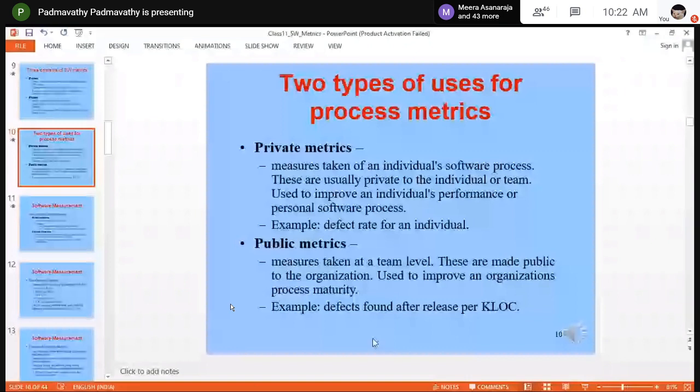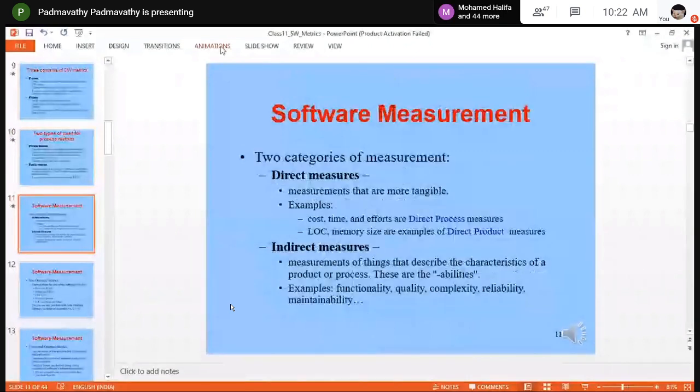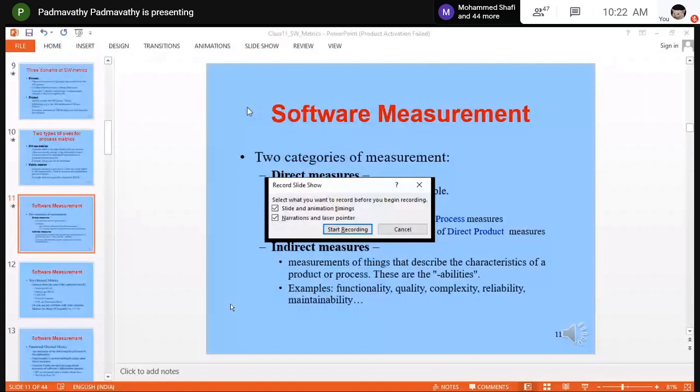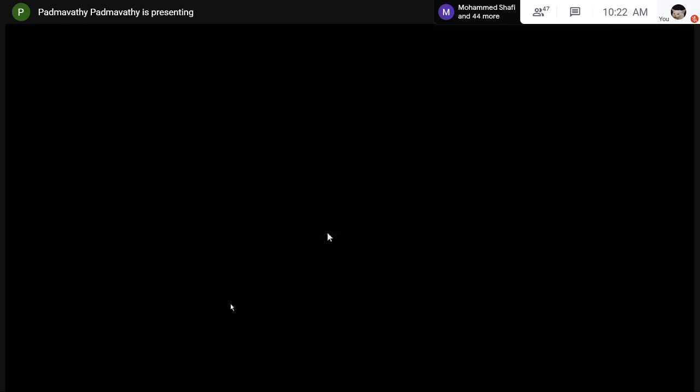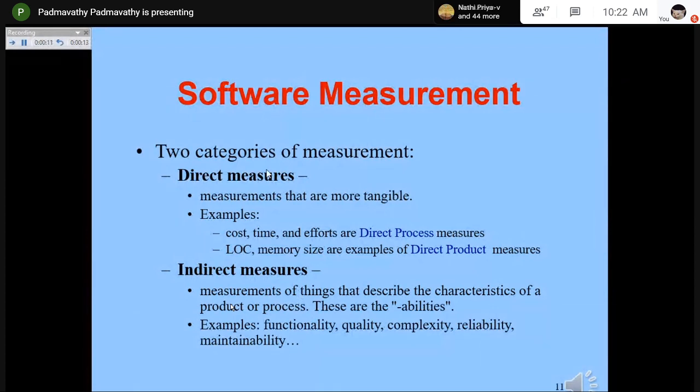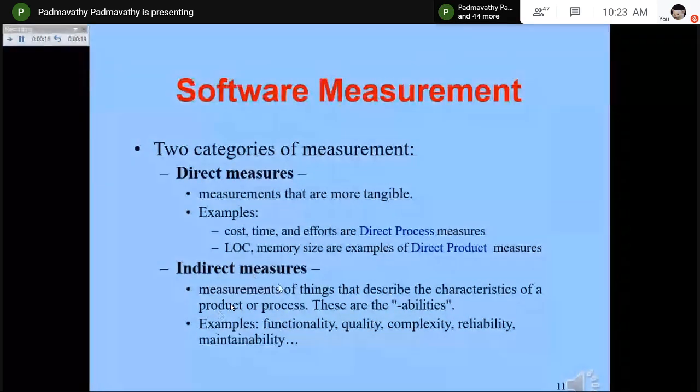Okay, so software measurement. We have seen why we use these measures. Now it is software measurement. There are two categories of measurement that are usually followed in the software industry: direct measures and indirect measures.